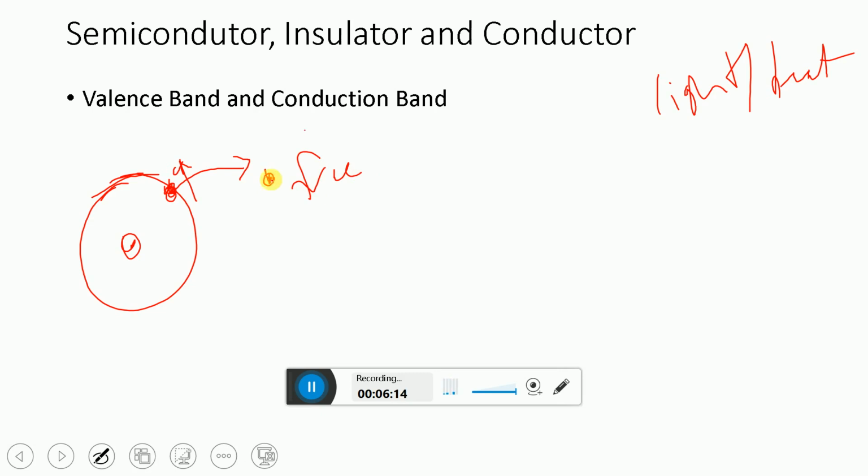The cluster of energies of all free electrons is known as the conduction band.